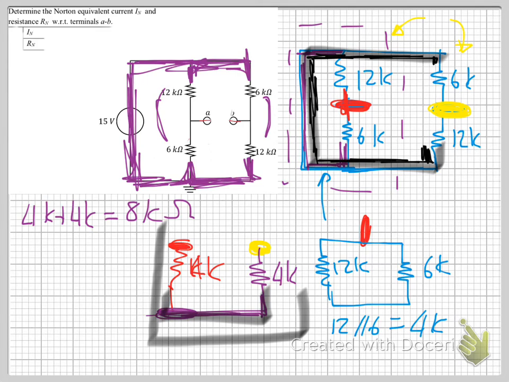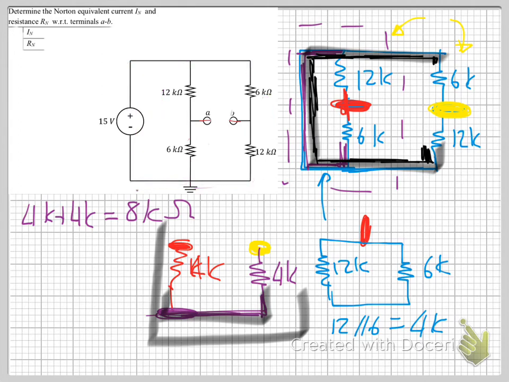Okay, let's do our Norton. So for Norton we short, and we try to determine, because they want AB, our I Norton is going to go that way, I of Norton. So to determine your Norton equivalent, right, we need to determine IN.